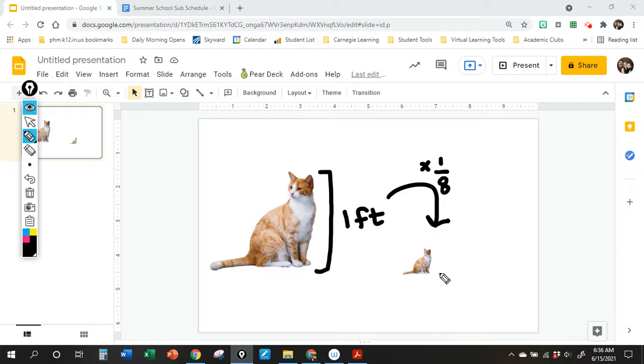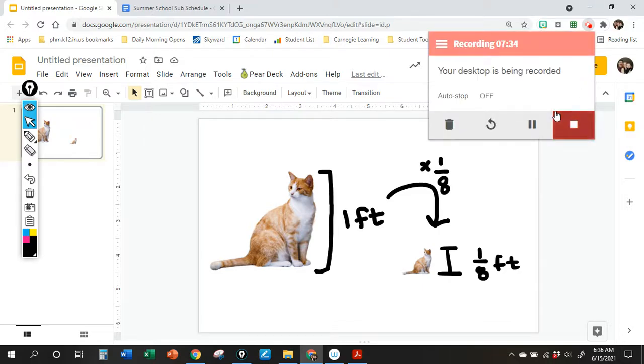He's real tiny. That means that he's not 1 foot tall. He'd be 1/8 of a foot tall, right? We're scaling up, we're scaling down. Okay, so you guys are going to get some practice with that. You can see that if you start with a certain height, you can either make it really tiny or you can make it much, much larger. We're going to begin this today, and we'll talk about this more tomorrow too.